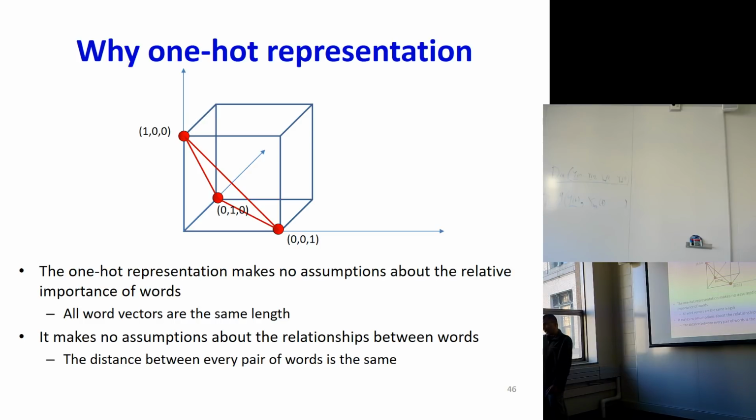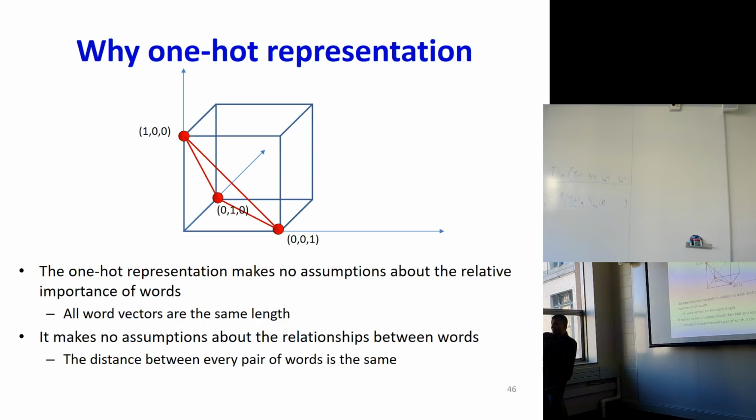Think of it this way. If I have only 2 words in my vocabulary, I live in a 2-dimensional space, and I can draw a circle. How many points are there per unit area within the circle? It's going to be 2 divided by r squared.